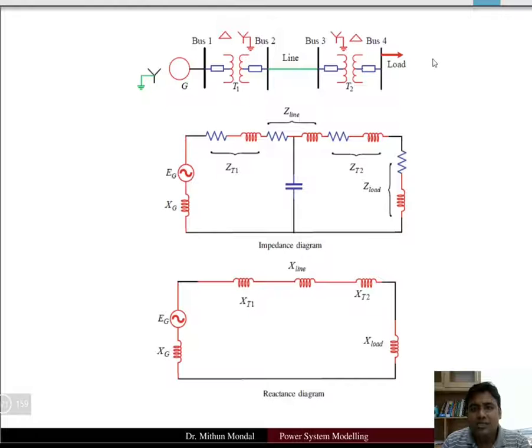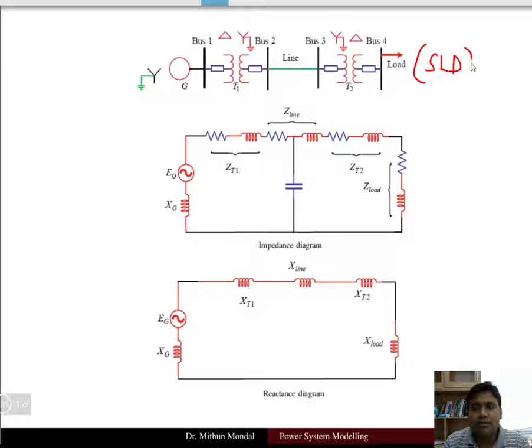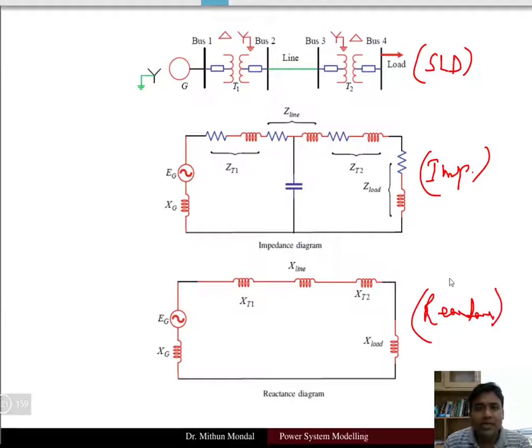This is the single line diagram of a typical power system, this is the impedance diagram, and this is the reactance diagram. We can see that if there is a generator, then we replace the generator with its equivalent circuit, that is a source of EMF in series with an impedance.